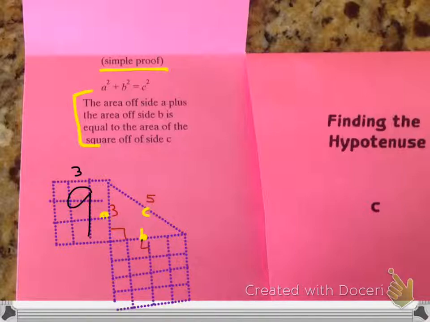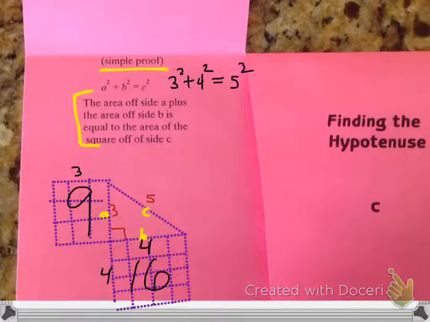So 4 squared, 4 times 4 is 16. So far we've got 3 squared plus 4 squared should equal 5 squared. Okay, and these are your notes. I don't care where you write this stuff. It's to help you.